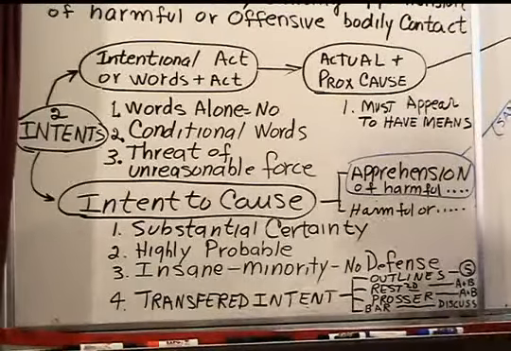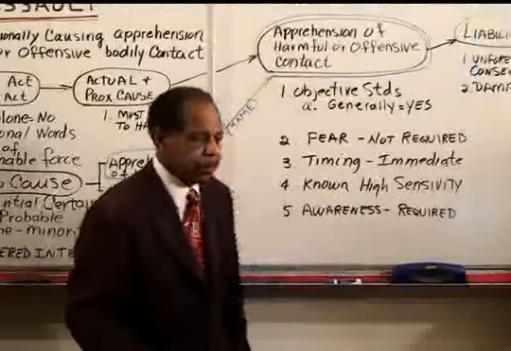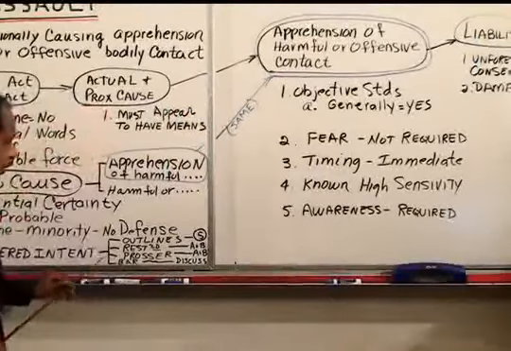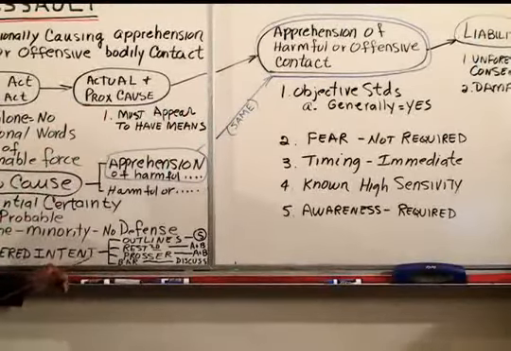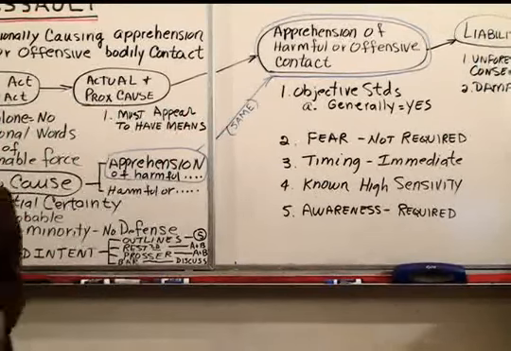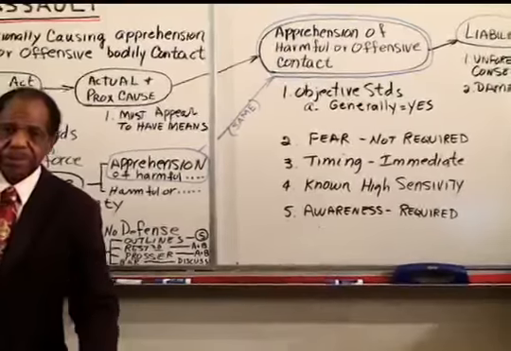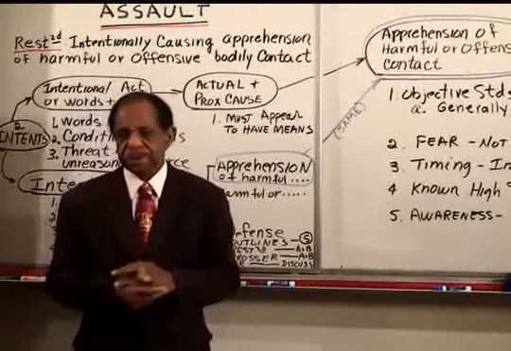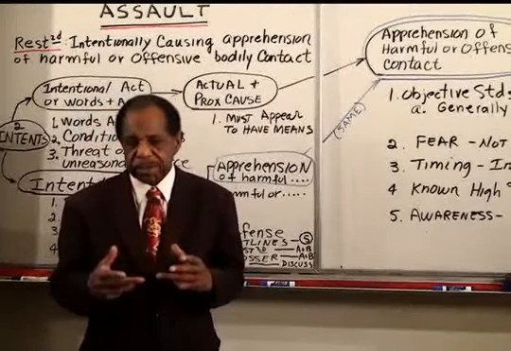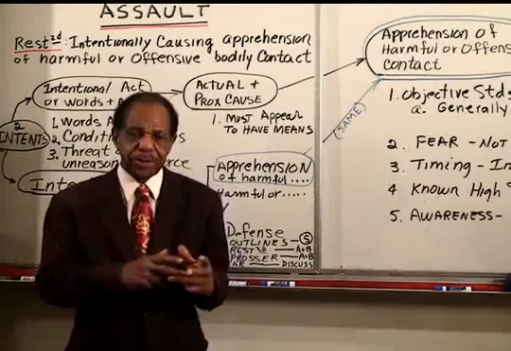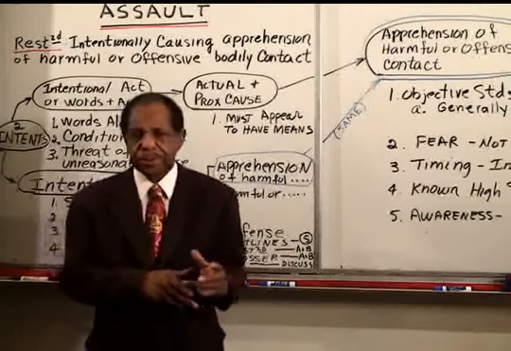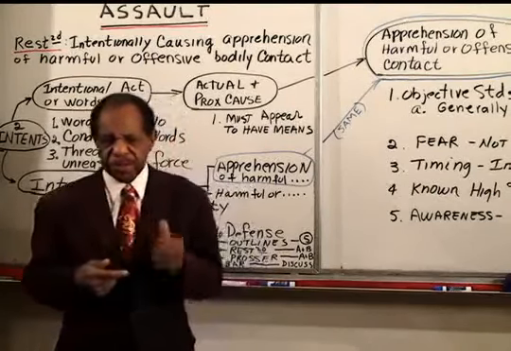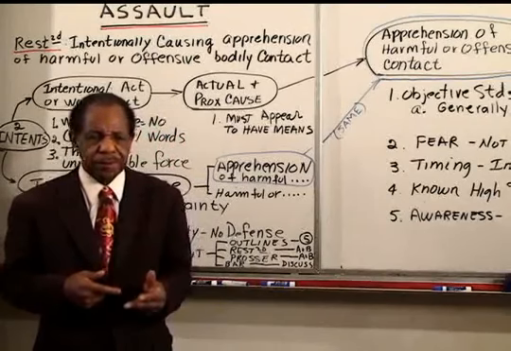Finally comes the transferred intent issue. Now, we have a problem here because some sources say, if we go back to Prosser's original Torts book, it said that you should be able to transfer intent among the 5 common law torts: assault, battery, trespass to land, trespass to chattel, and conversion.